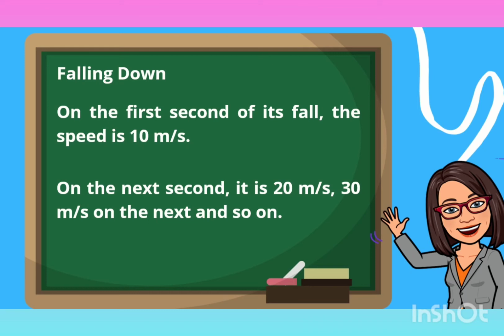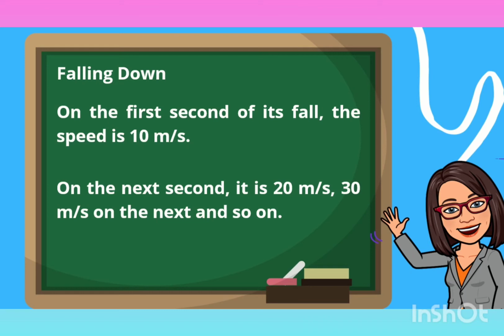So, balikan natin. Pag walang air resistance at gravity lang ang nag-a-act dun sa bumabagsak na object, sa unang segundo ng pagbagsak, ang bilis niya ay 10 metro kada segundo, 10 meter per second. Sa pangalawang segundo, yung 10 magiging 20 meter per second.